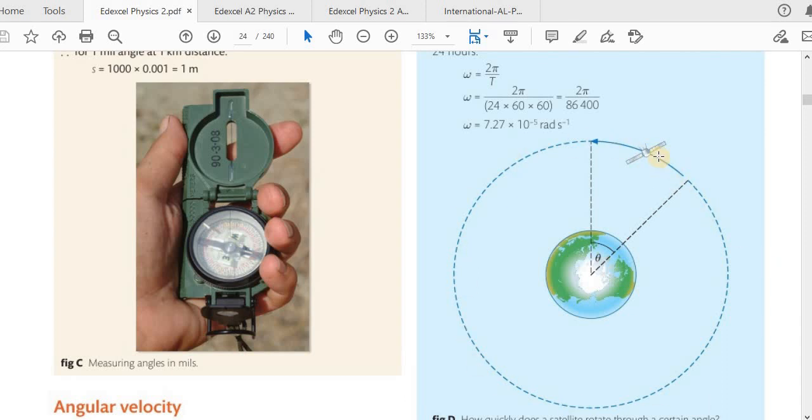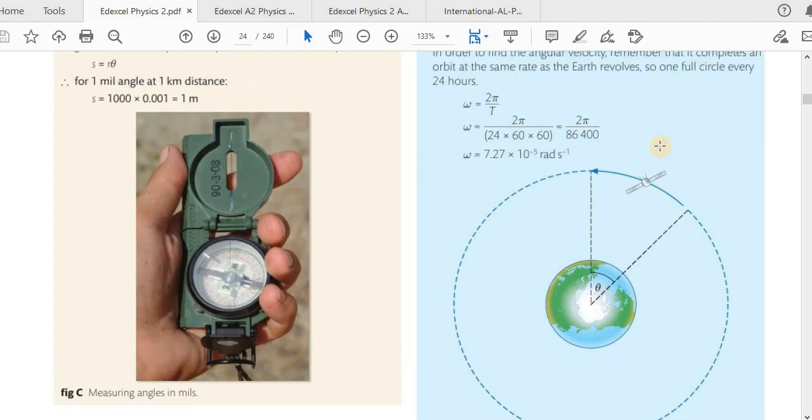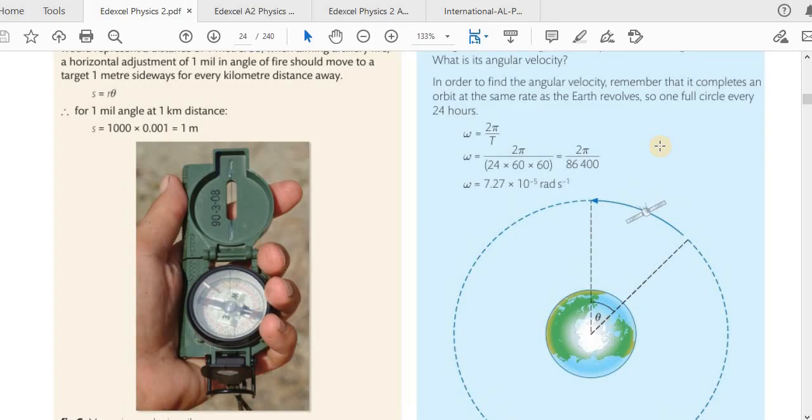That's why it will always be facing the same part of the Earth. So if you have a geostationary satellite right above Indonesia, then the entire time it will be above Indonesia, even when the Earth is rotating, because it will also be moving at the same rate, with the same angular speed, we can say, as the Earth.